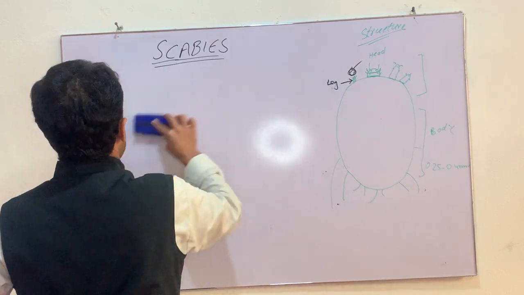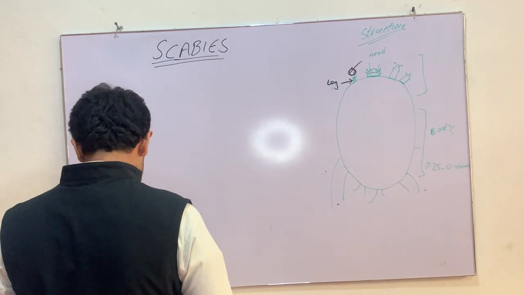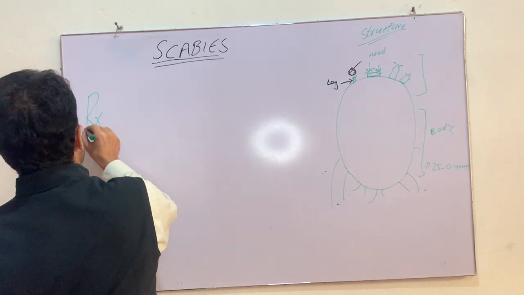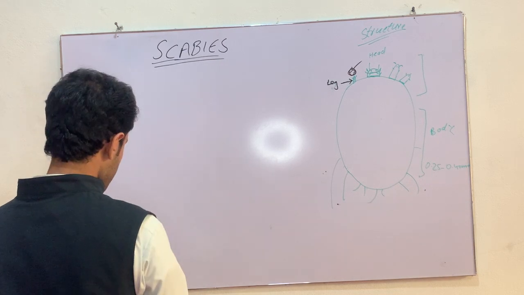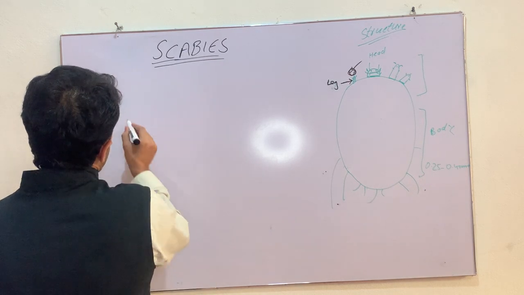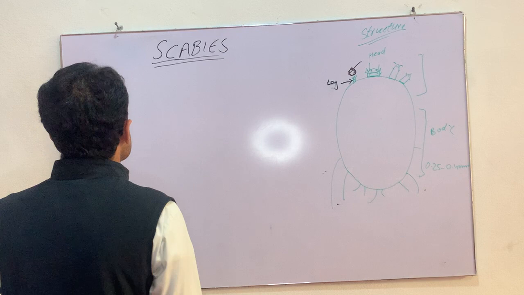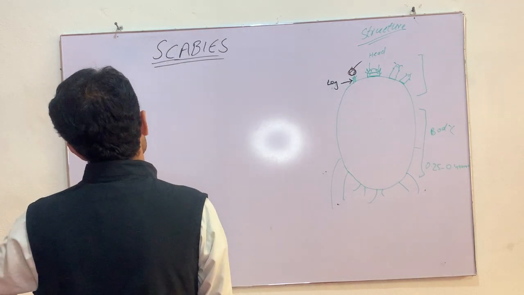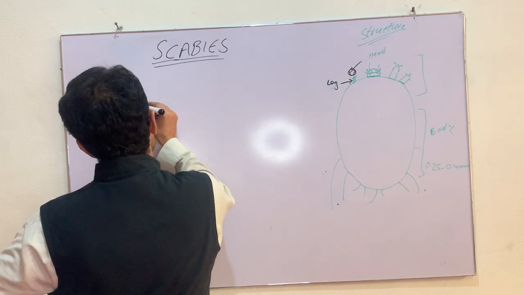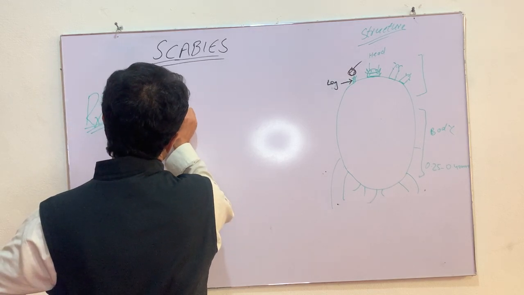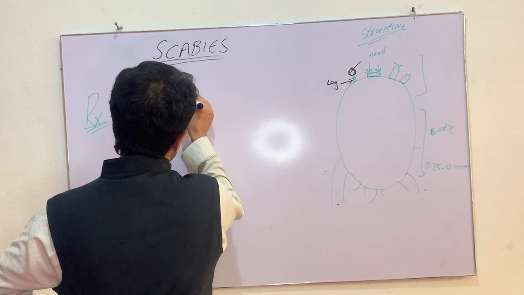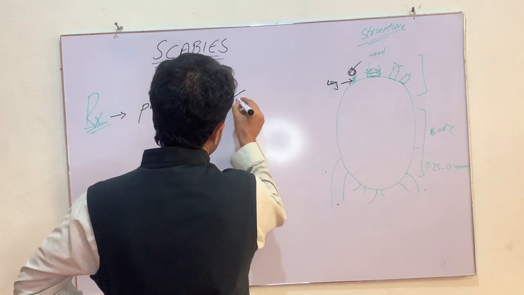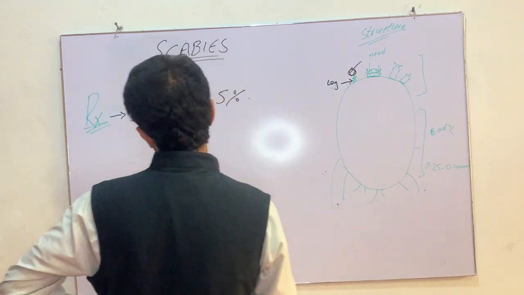Now we discuss the treatment. The common and best treatment used for Sarcoptes scabiei is permethrin 5%.